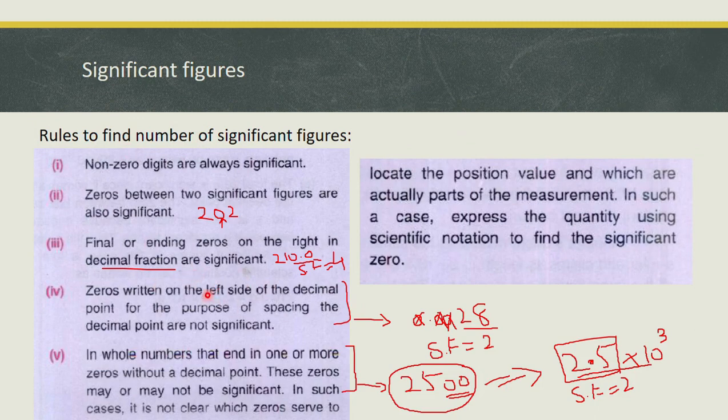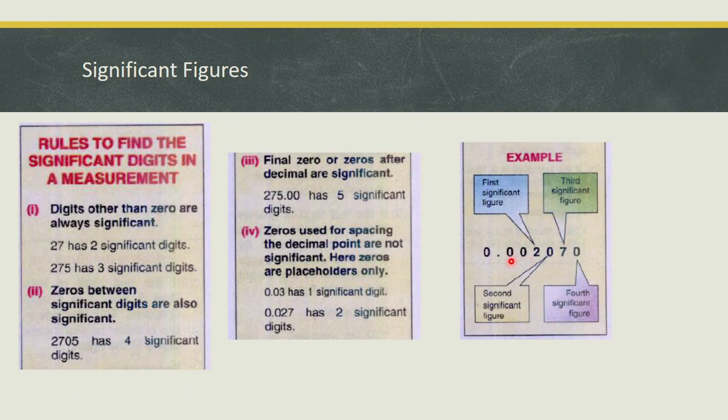These two zeros are not significant because they are on the left side. Then this 2 is significant, and this 0 is also significant because it is between two significant numbers, and this is a final 0, so it is also significant. We have 4 significant numbers, while these two zeros are not significant.